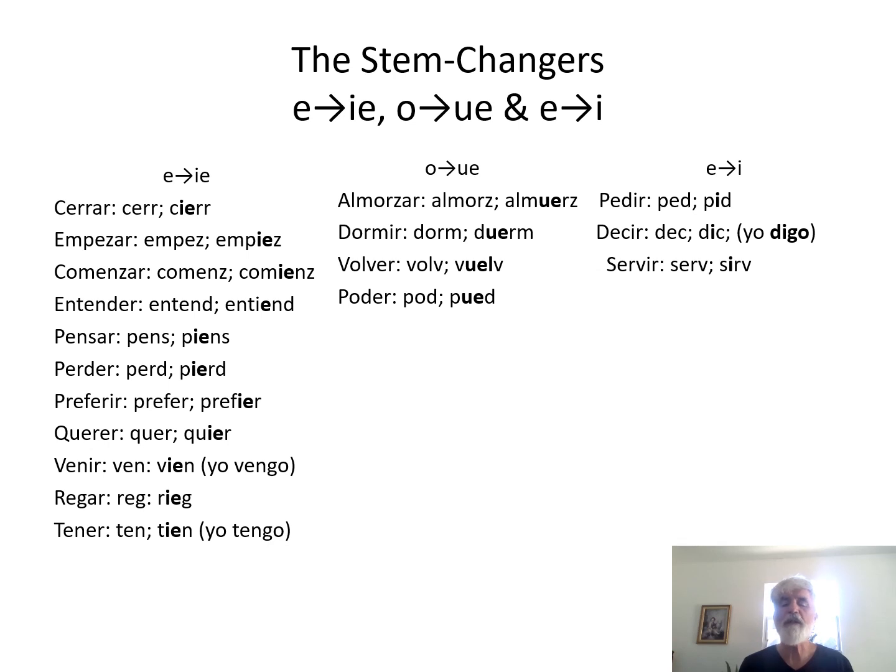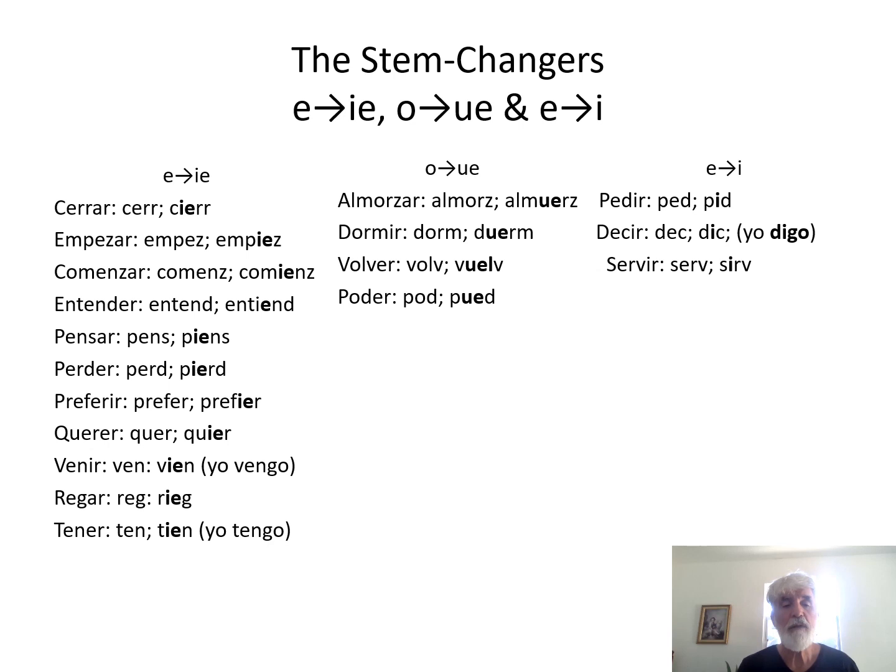It will always be used with the yo form, the tú form, the él, ella, usted forms, and the plural ellos forms. Those will always have the stem change. The only time we do not use the stem change is with nosotros and vosotros. There is no stem change. You use the original stem.